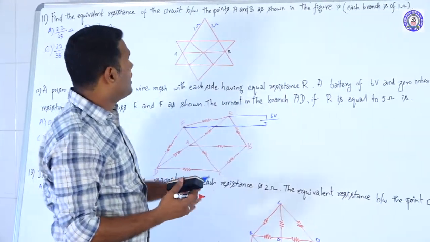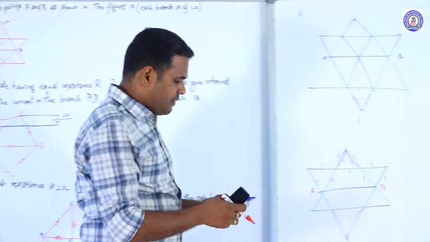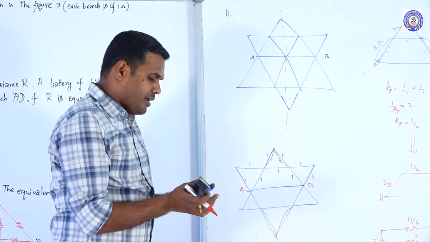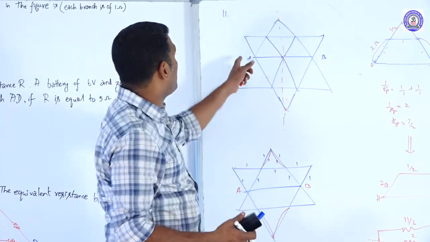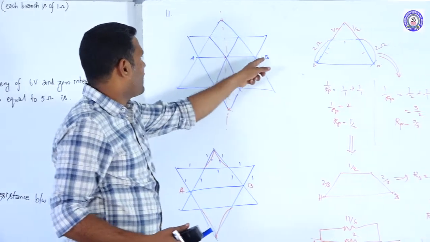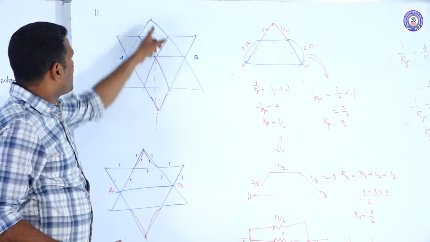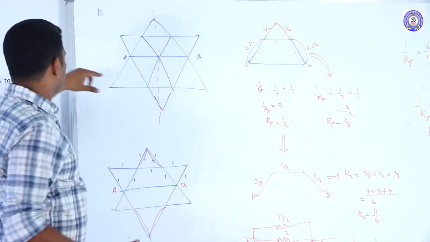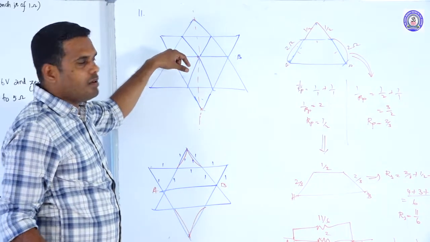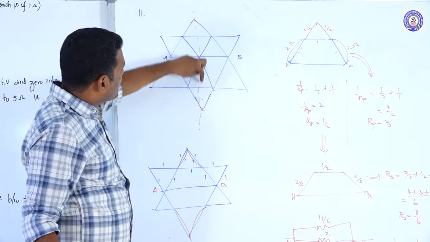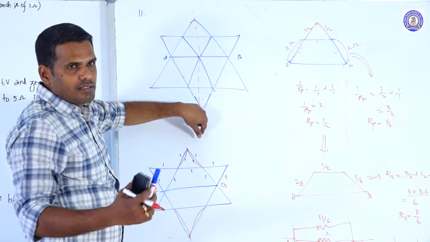So what exactly we are doing is, we are taking the perpendicular bisector for this particular diagram, for AB. In a perpendicular bisector, as the circuit diagram is symmetrical, all the resistances are 1 ohm, all the points which are lying on the perpendicular bisector will be on the same potential.